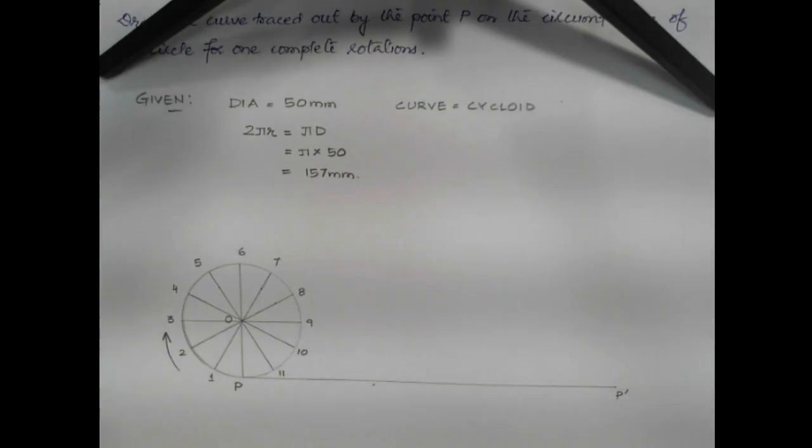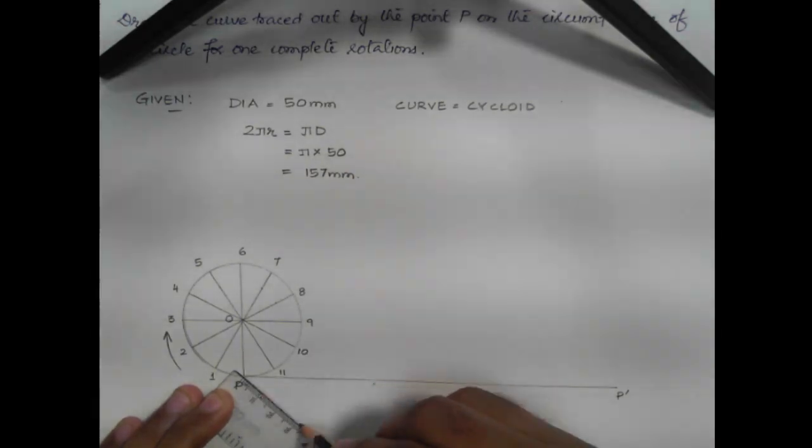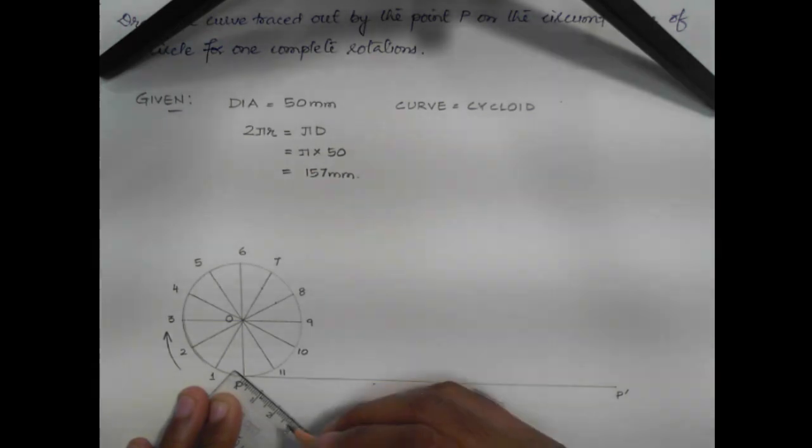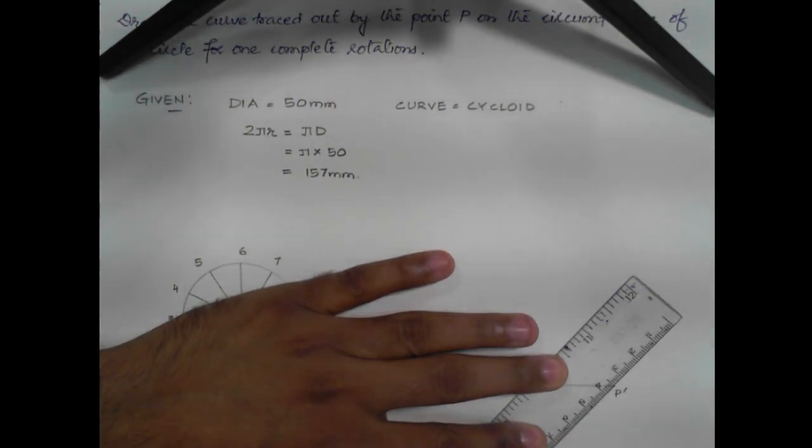Now, the number of divisions you have made here is 12, so you have to divide P and P dash into 12 equal parts. So what I do is I draw a construction line of 12 centimeter and mark 1, 2, 3, 4, 5, 6, 7, 8, 9, 10, 11 and 12. I join P dash with the 12th point.